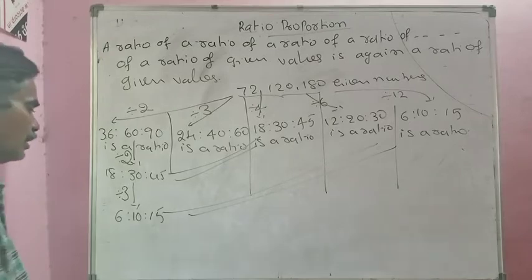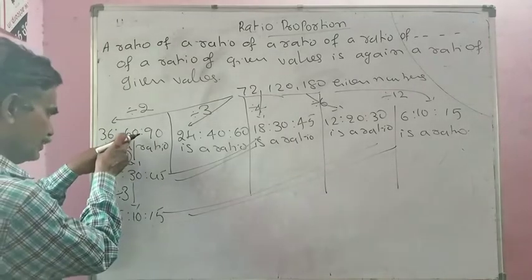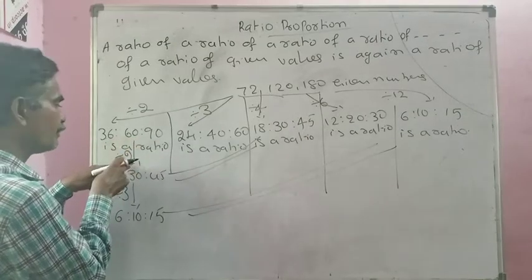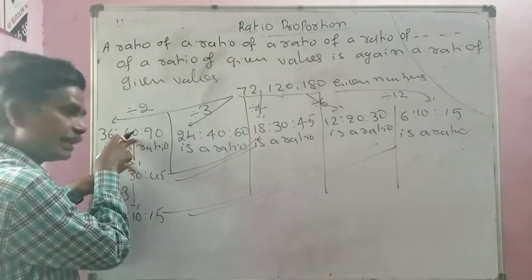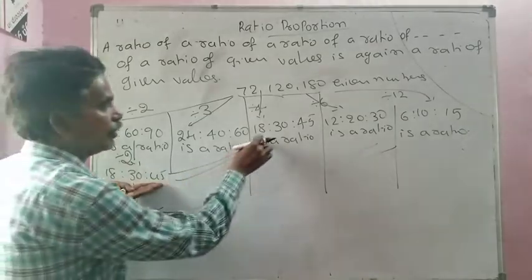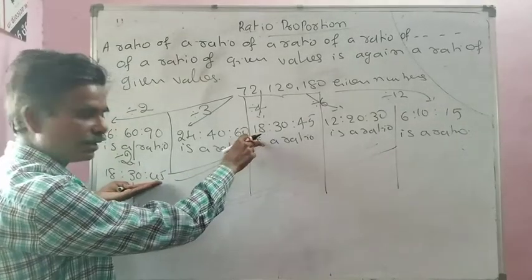So you can observe that we found a ratio, and again we found a ratio of an already existing ratio, and the obtained ratio is equal to one of the ratios.